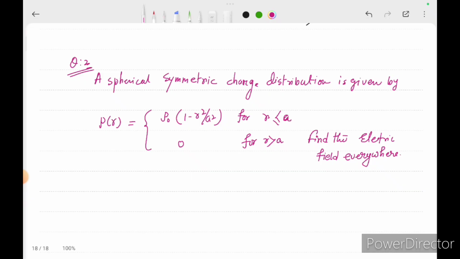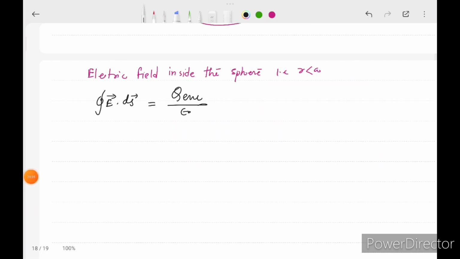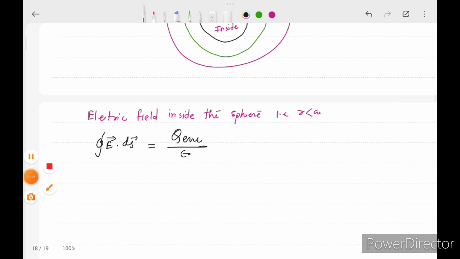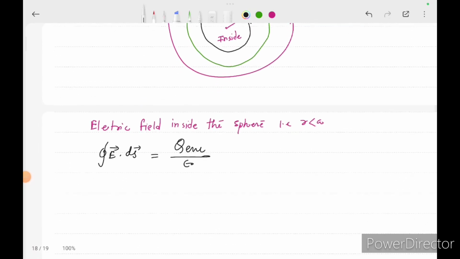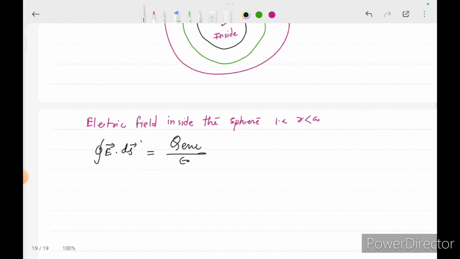So again, by solving these integrations, which I have already discussed, we can find the result.